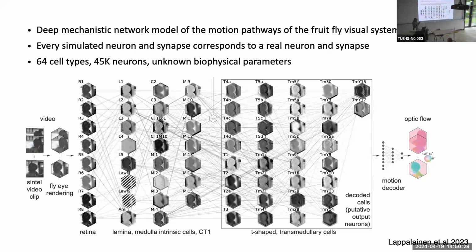And so we have a motion decoder, which is a black box neural network that looks at the representation of a visual input that's generated by the fly visual system, and then tries to transform from that representation to the optic flow field. And so we train all of this end to end, and that's the way that we set those parameters, those 700 parameters that we didn't have direct measurements for.